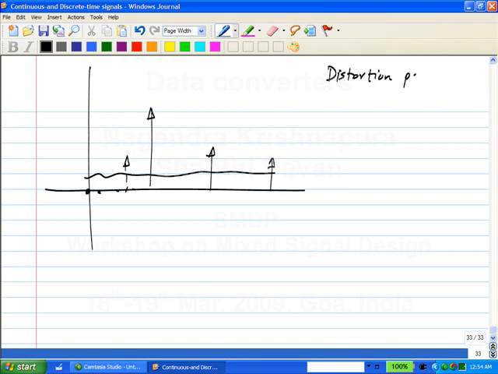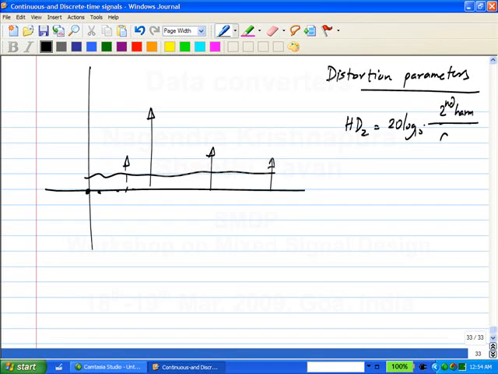So you measure HD2, which is basically 20 log 10 of the second harmonic divided by the fundamental, and similarly HD3 is 20 log 10 of the third harmonic by the fundamental. This is exactly as you do in an amplifier, except that these numbers come from the DFT, from the FFT.